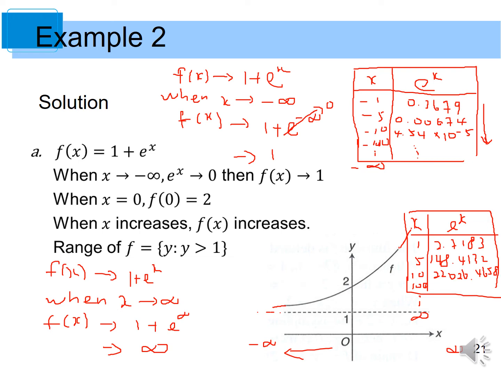So this is a curve. Okay, so to study the range, look at the curve. The curve starts from y equal to 1, but excludes the 1, because y equal to 1 is an asymptote line. So the range is greater than 1.